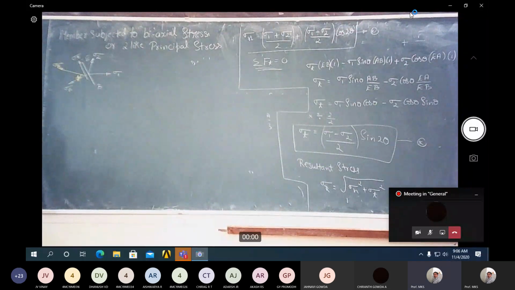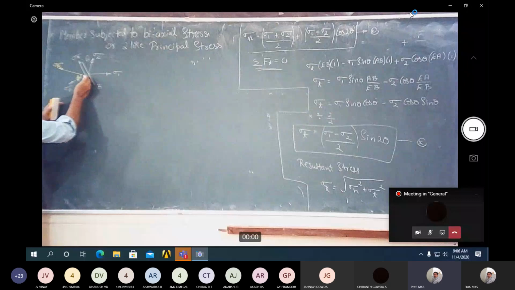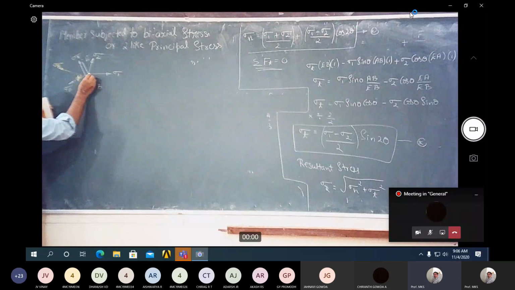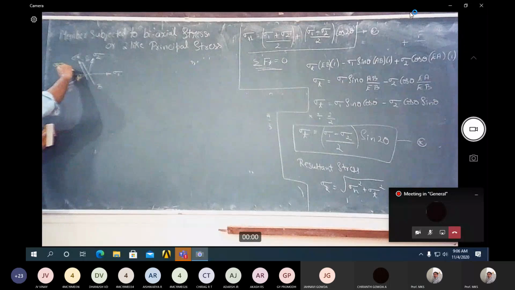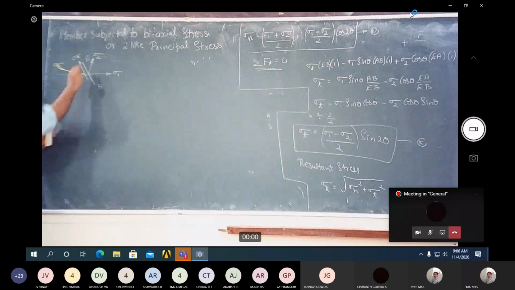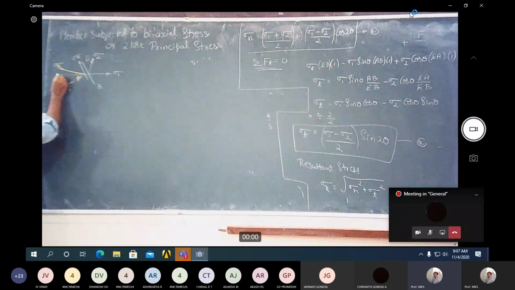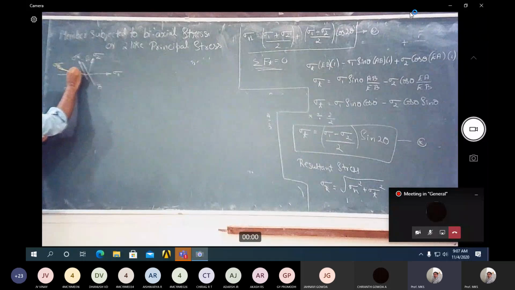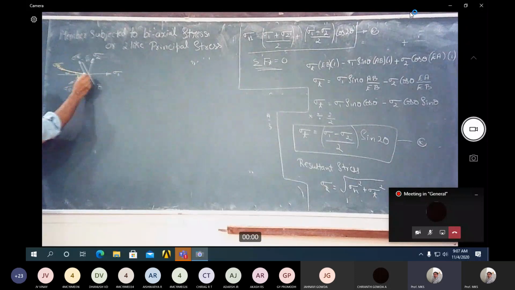And also if it is asked to find the inclination of the resultant stress with the principal stress, the sigma 1 is the major principal stress, so you draw the horizontal line along sigma 1. Then this will be the inclination of the resultant stress with the principal stress, alpha.